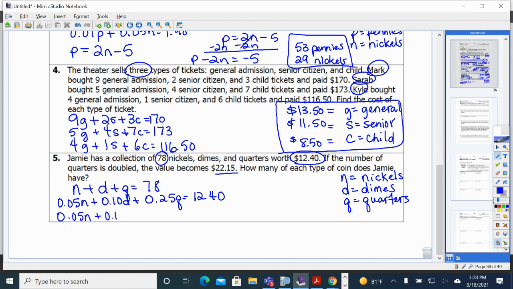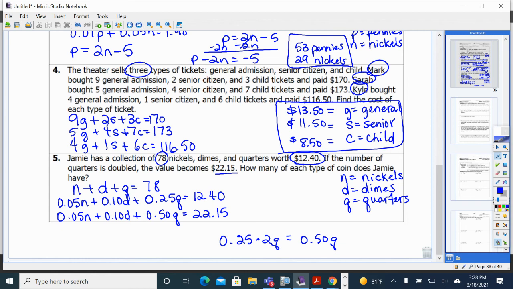The number of dimes is not changing. But I need 2Q. So that's going to be, think about that, 0.25 times 2Q is equal to 0.50Q. And that new total is $22.15.